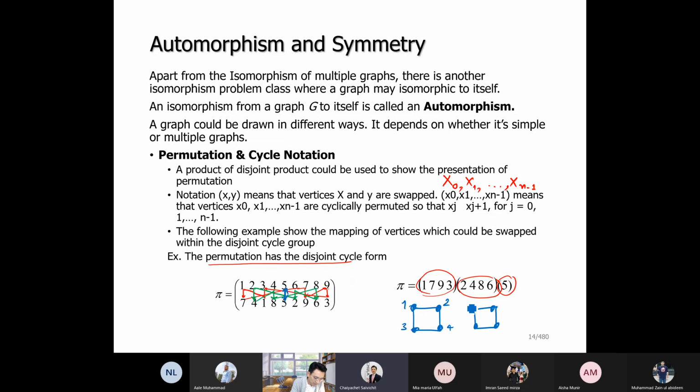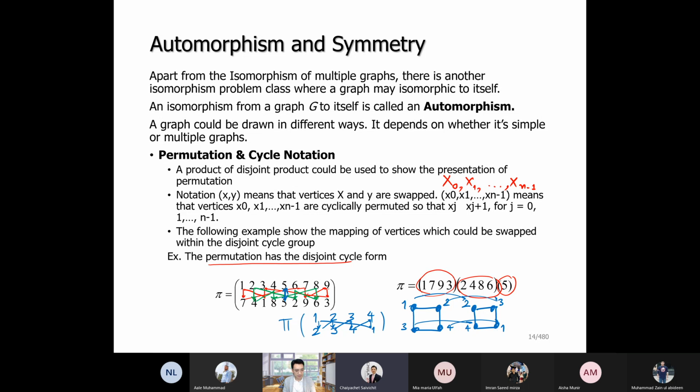If I relabel that to 2, 3, 4, 1, like that, then 1 goes to 2, 2 to 3, 3 to 4, and 4 to 1. This is the mapping. So you see that it would be one cycle, and we map directly like this.